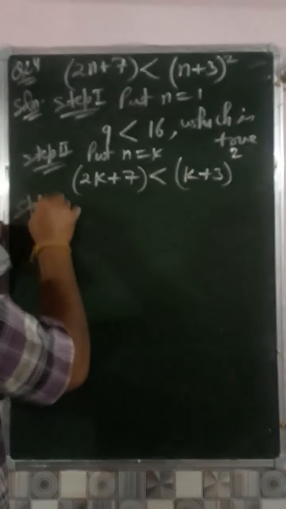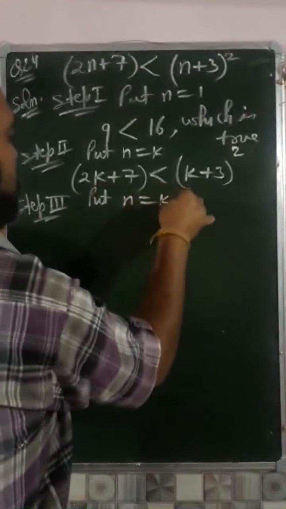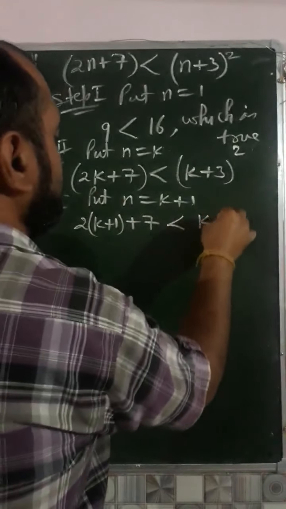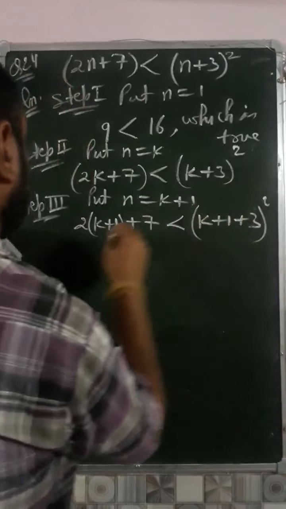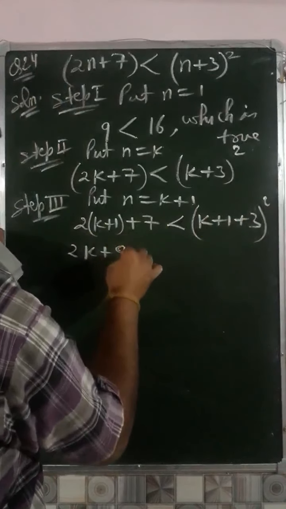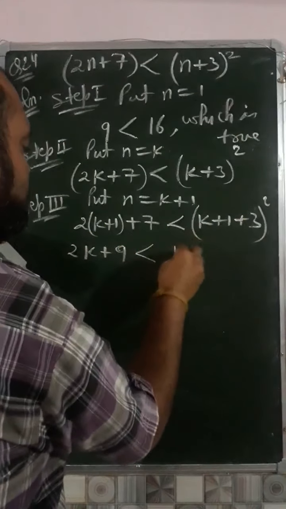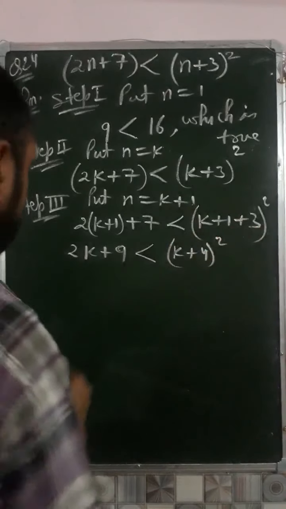Now step number 3 is put n is equal to k plus 1, that is 2 into (k plus 1) plus 7, it is less than (k plus 1 plus 3) whole square. Now this becomes 2k plus 9 less than (k plus 4) whole square. You have to prove this, right?